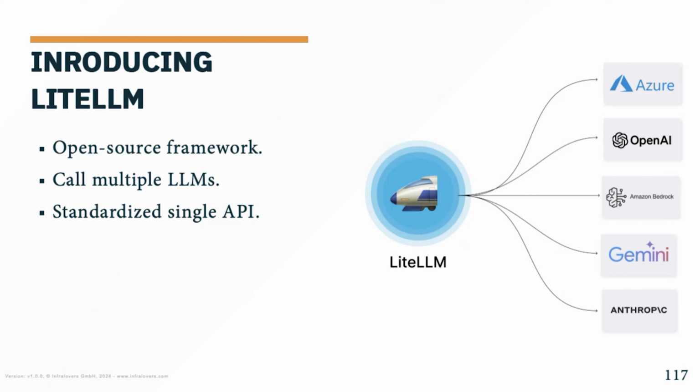So we get a unified interface which translates all of my inputs to any provider-specific endpoints, making sure that we have consistent response formatting across different providers, which means that I can easily switch between models like OpenAI, Anthropic, Google Gemini, Azure OpenAI, Hugging Face, and more without having to rewrite my entire code base.